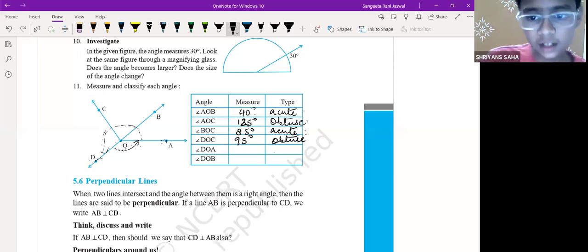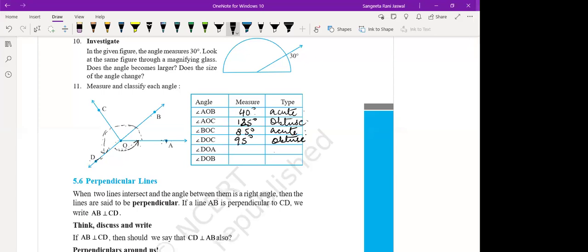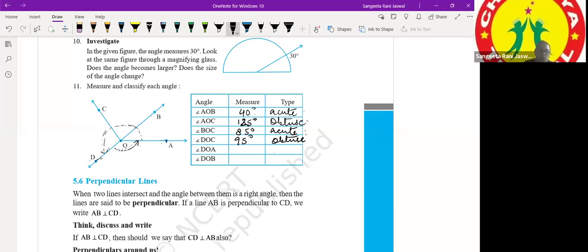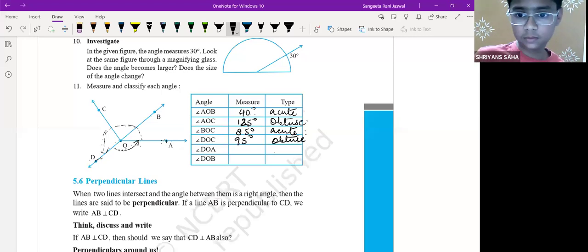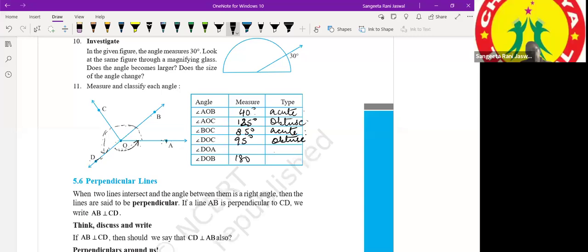Ma'am, next one is straight angle. One is DOB. What is DOB? It's on a straight line, 180 degrees. So that is straight. So this can be 240 or 140, whatever you write it as. It can be reflex, it can be obtuse.